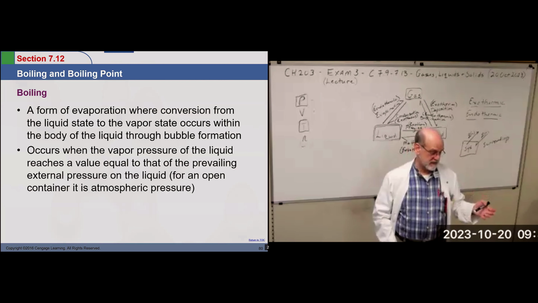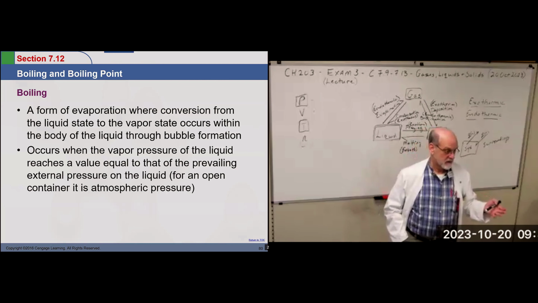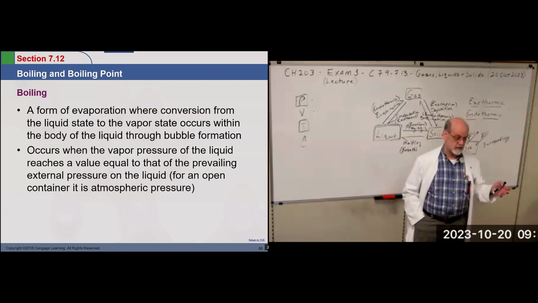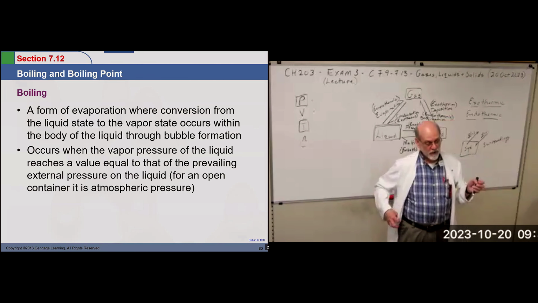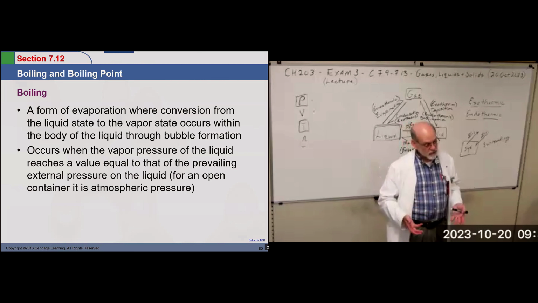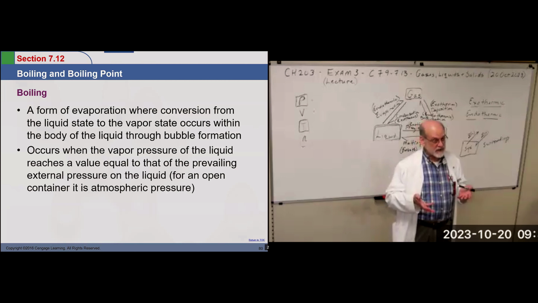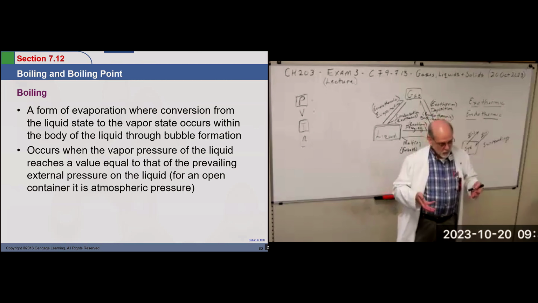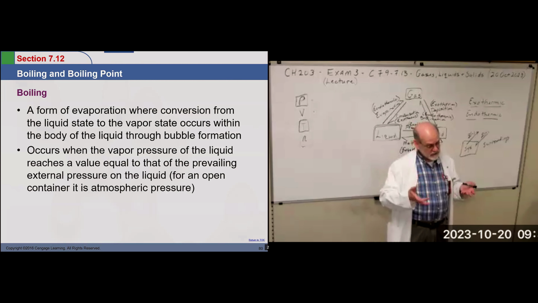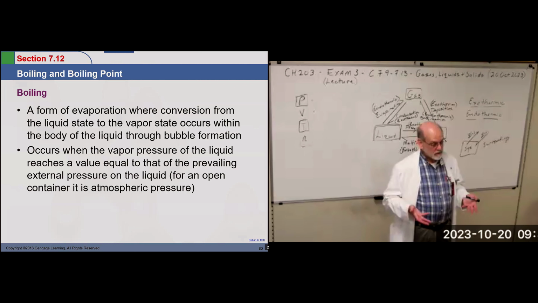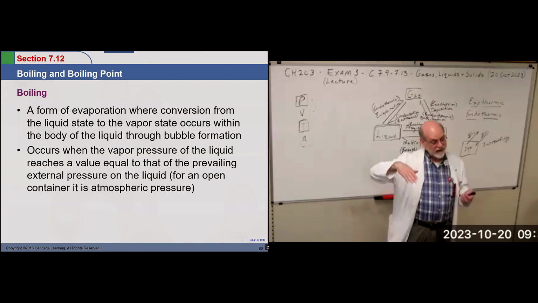So if you have an open container, let's keep it simple, you've got water in this container and you're heating it on your stove. It will boil when the temperature raises the vapor pressure of the liquid. Remember, vapor pressure is sensitive to temperature. When the vapor pressure at the surface of the liquid is equal to and slightly above the pressure bearing down on it, it boils.